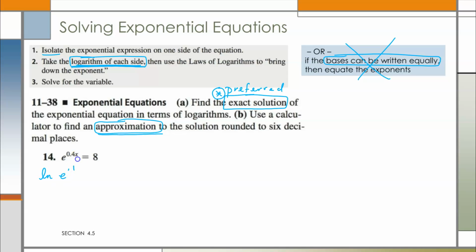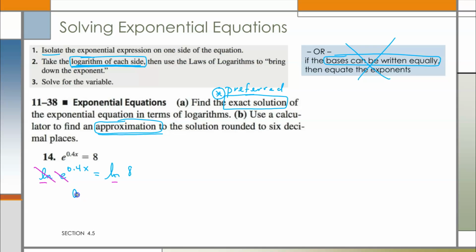We're going to log base e both sides. Okay, so let's ln both sides. So we have ln of e to the 0.4x, and then we have ln of 8. We took the logarithm of both sides in order to get rid of that exponential.